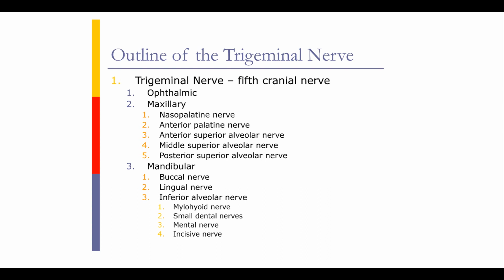This was from an older lecture, and I cut out the mylohyoid nerve and the small dental nerves because you really don't need to know those. That never comes up again later. So don't waste brain space on those two. So the inferior alveolar nerve, the only two you need to memorize off of there are the mental nerve and the incisive nerve. And again, this is the basics of the nervous system of the oral cavity. Again, there are many, many other nerves, but this is the basics, and this is all you need to know.